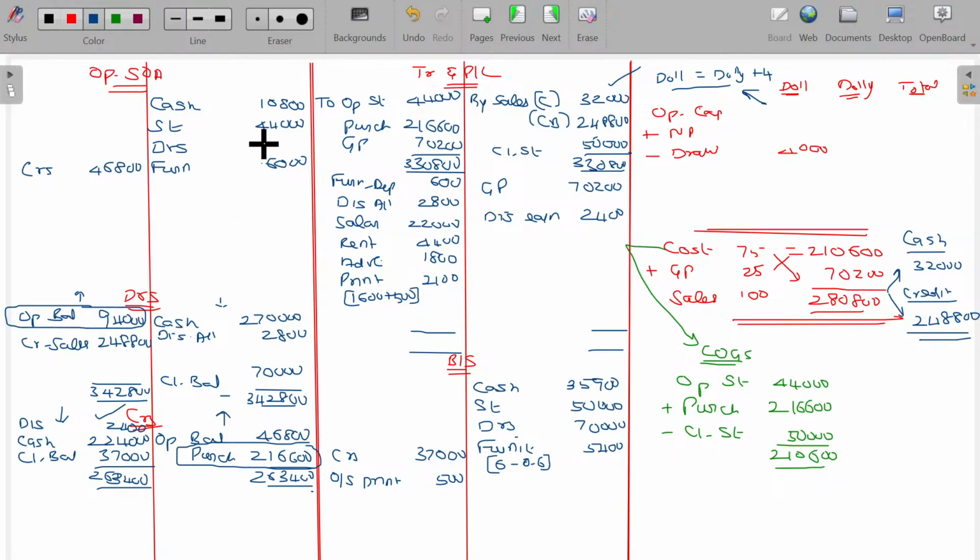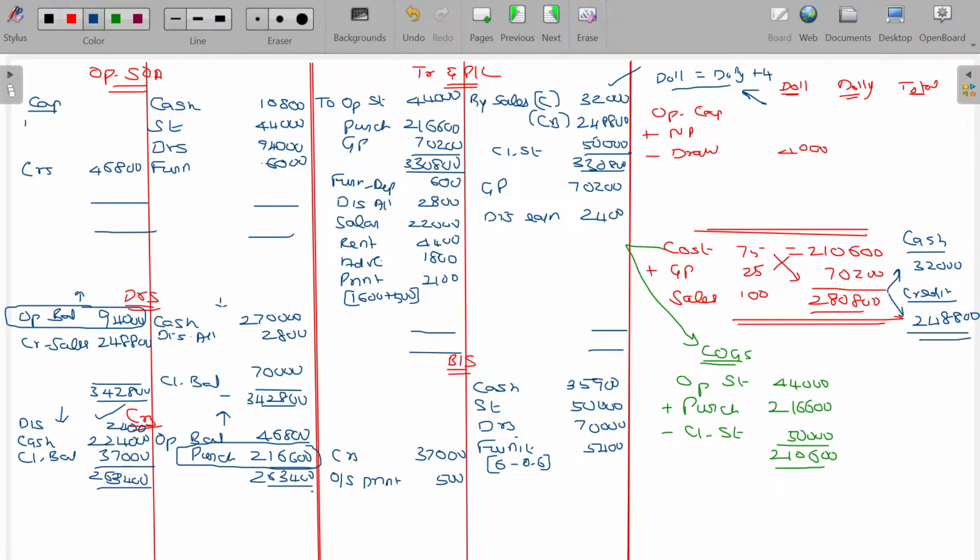That 94,000 should be posted here. Hope now you will be able to understand. Clear? Now tally the opening statement of affairs to find out the balance of capital.